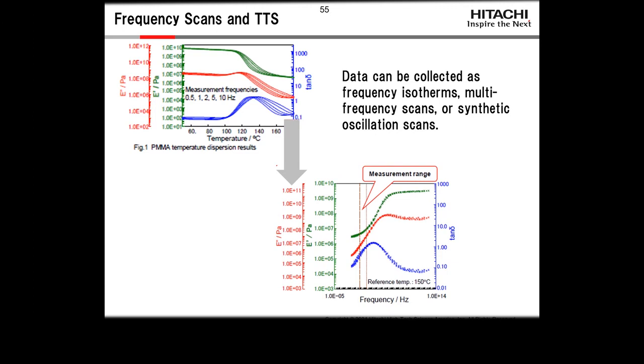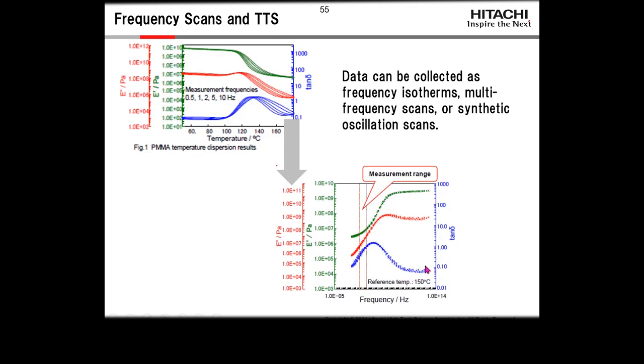Another technique we can do, once we have frequency data, is we can rearrange the curves so that they're against frequency and then move them around and add them together in what's called a time temperature superposition. And when we do that, here's where we measured the material, and here's the range that the time temperature superposition gives us.